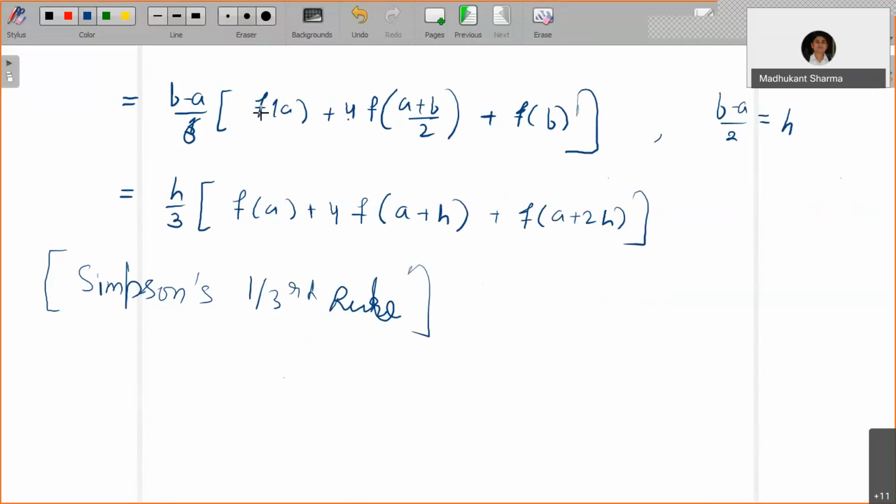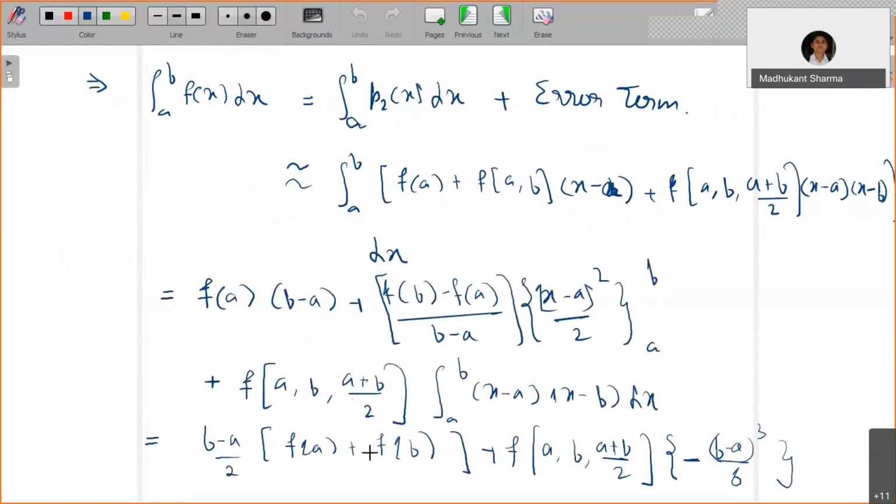Similarly, in the trapezoidal rule, 1 plus 1 is 2, 2 divided by 2 is 1. You will see a similar scenario when you use higher degree interpolating polynomials with this technique.